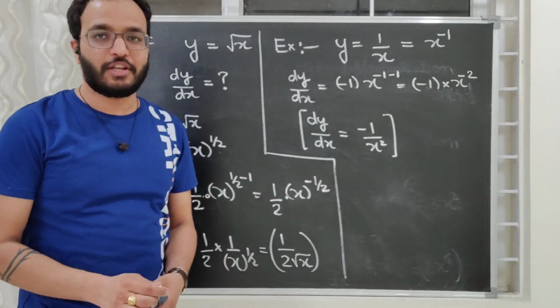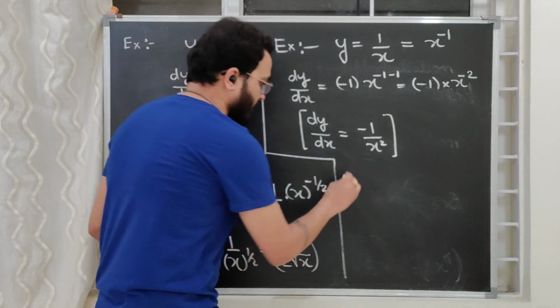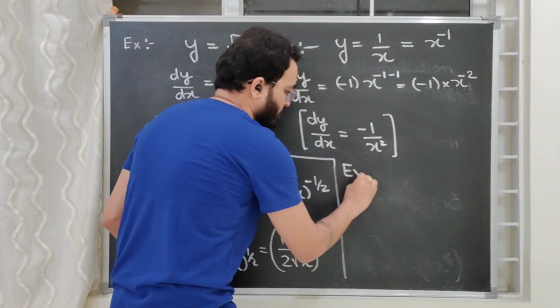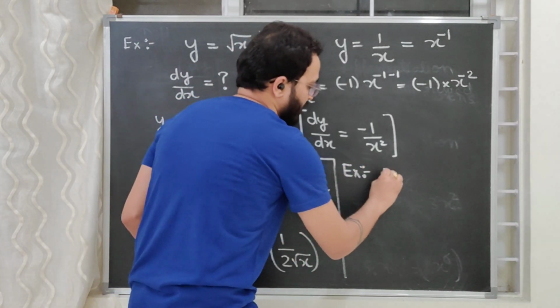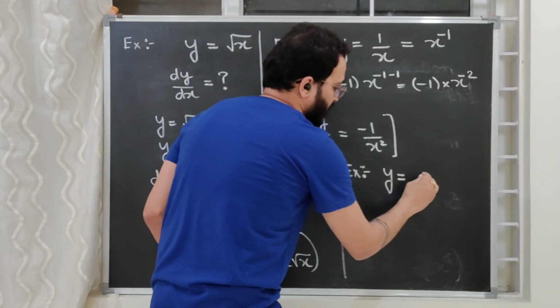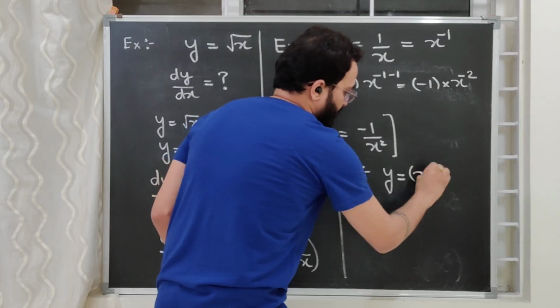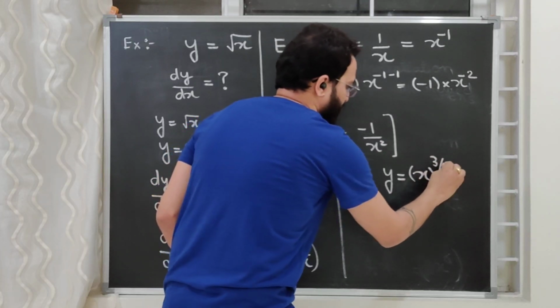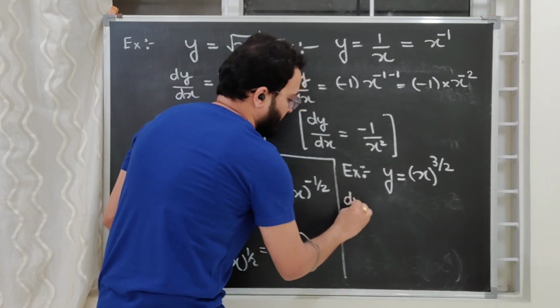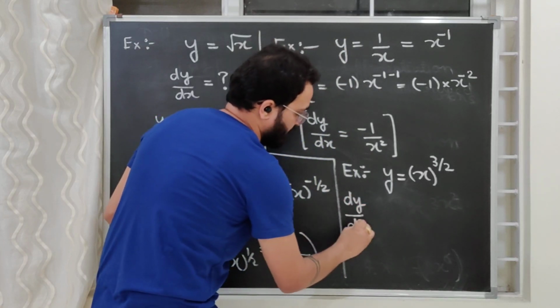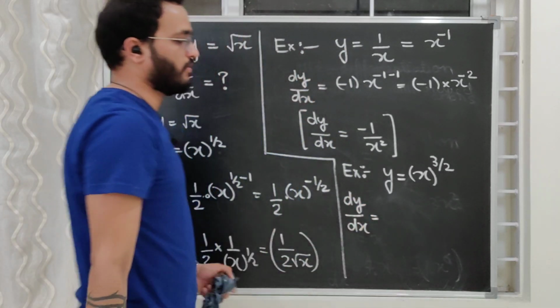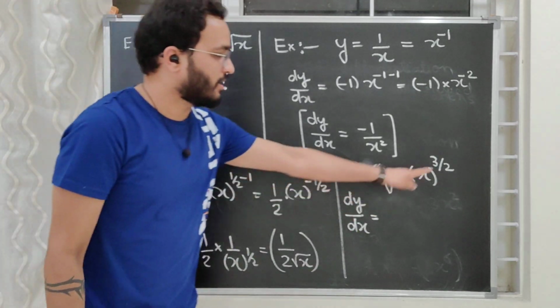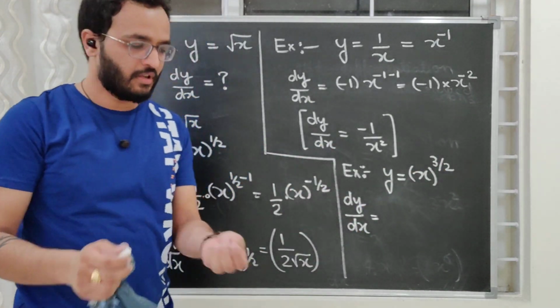One last example. Before moving on to the next formula, let me take one last example. Suppose y is x to the power 3 by 2. Then find dy by dx. What will you do? Again you will say, sir, this is n. Very simple.